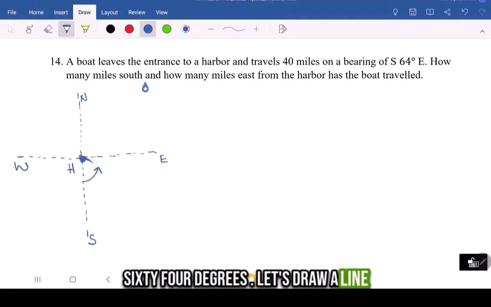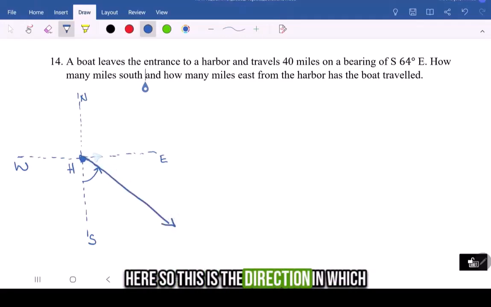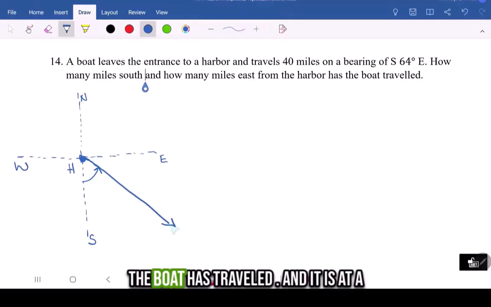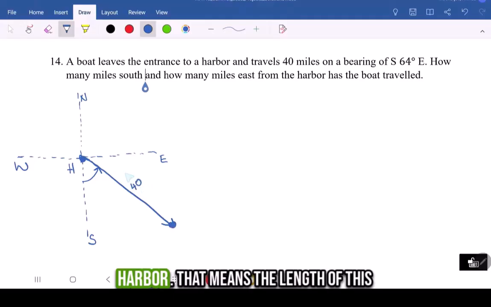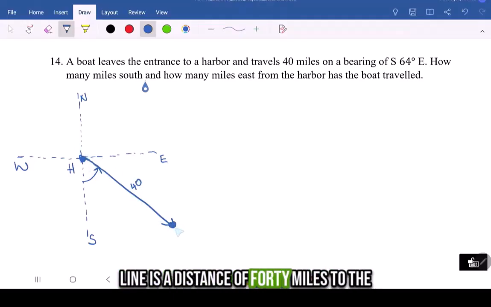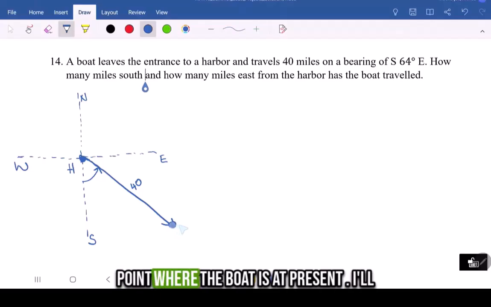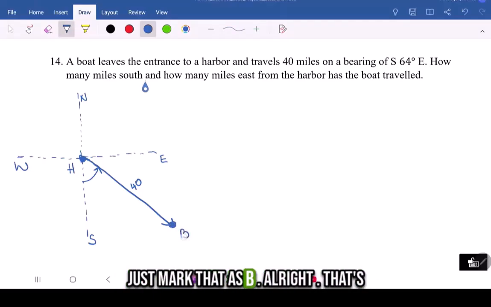Let's draw a line here. So this is the direction in which the boat has traveled, and it is at a point which is 40 miles from the harbor. That means the length of this line is a distance of 40 miles to the point where the boat is at present. I'll just mark that as B. All right, that's where the boat is.